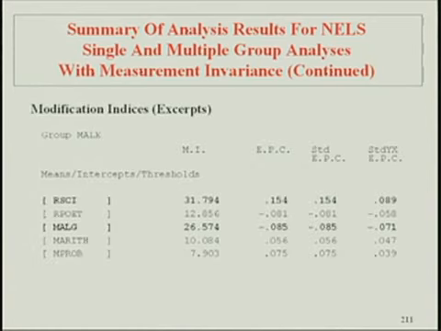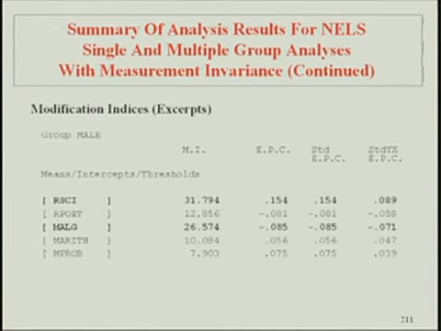So what we did is we got modification indices. And what we see is what we saw in the MIMIC model. Reading science is problematic. The intercept has a large modification index. Let me also mention, intercepts are mentioned in square brackets.